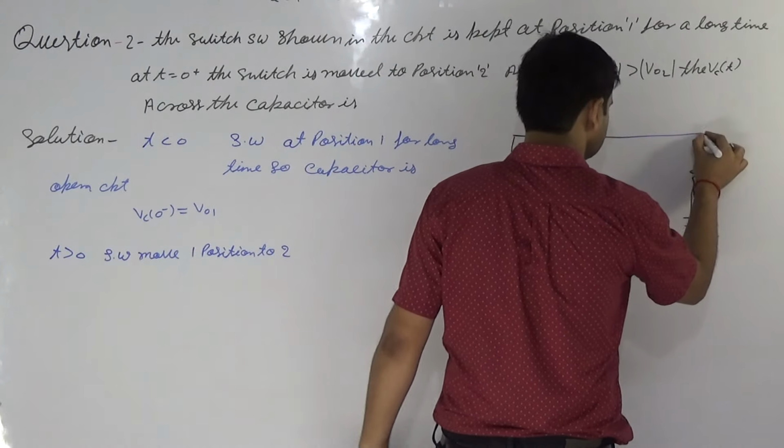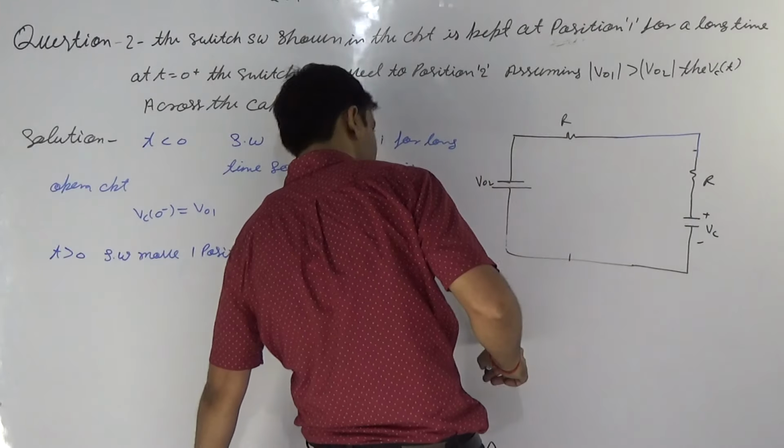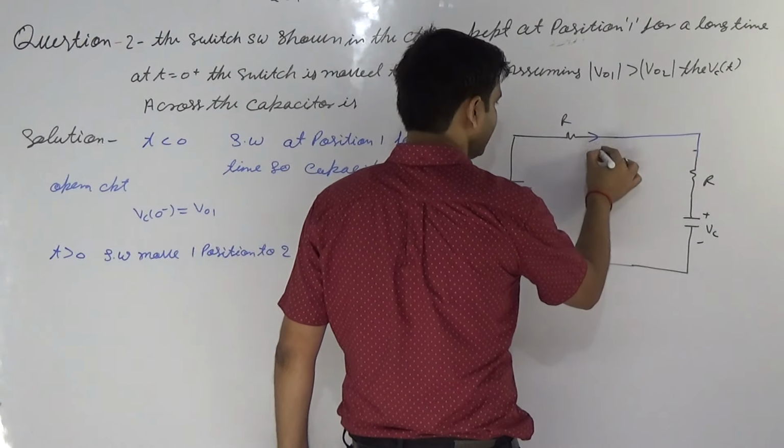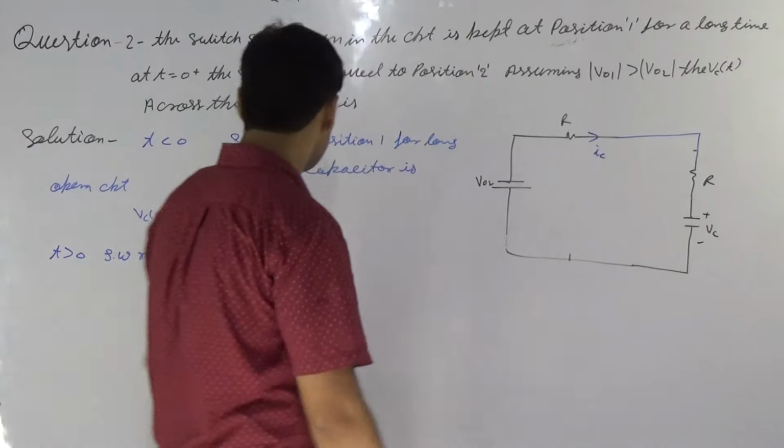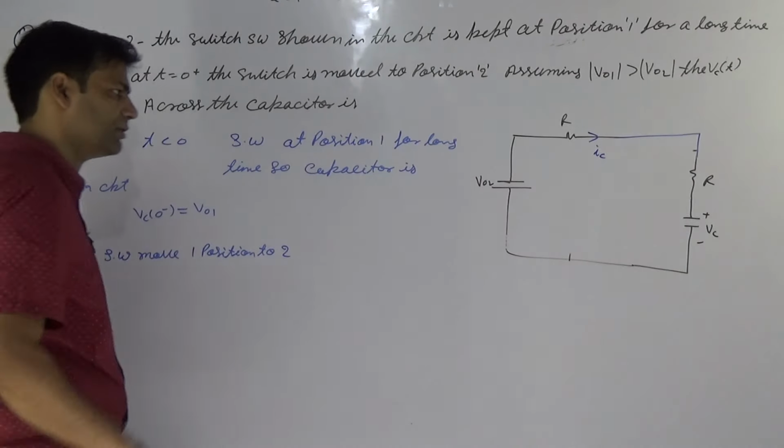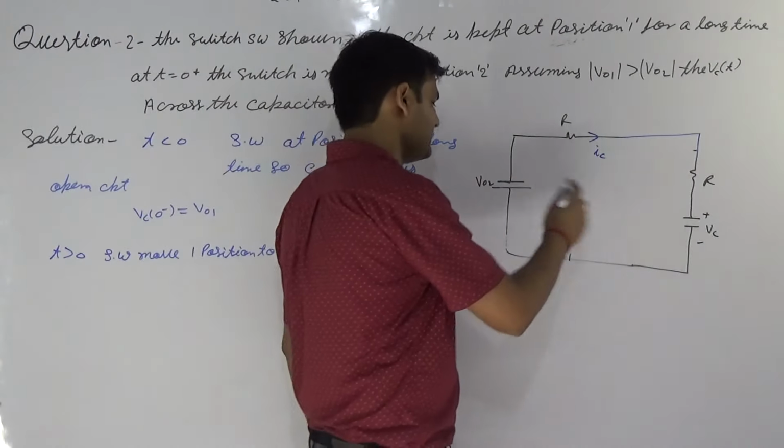Suppose the current is IC, the current flowing through this circuit.